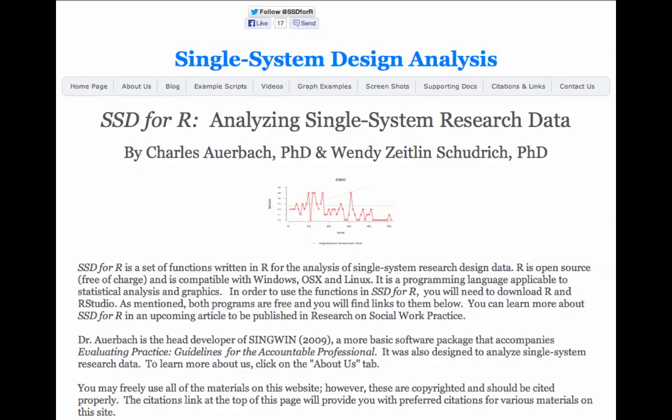I just wanted to give you a picture as to what sorts of things. This is a screenshot of SSDanalysis.com, and from in here you can see that we have a bunch of links from the top. This is our home page, and if you scroll down you would see the links to Get R and RStudio.